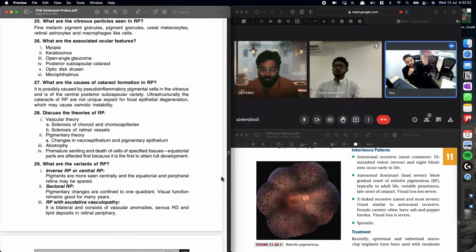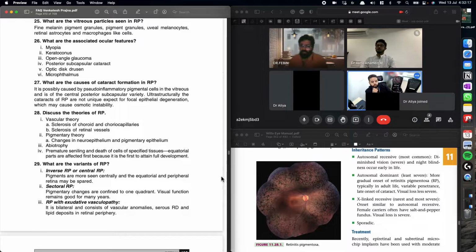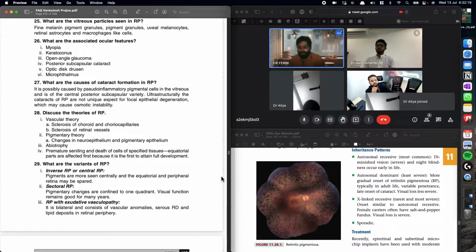Let's say his X gene is affected, and the mother is a carrier. Then obviously 50% of the daughters will be affected. Why not 100%?